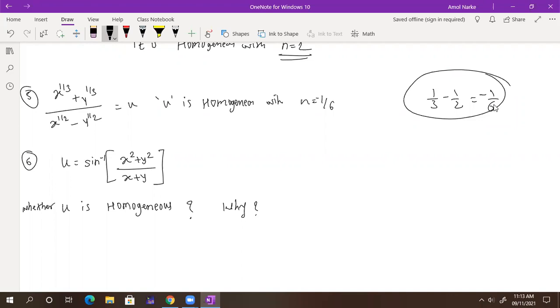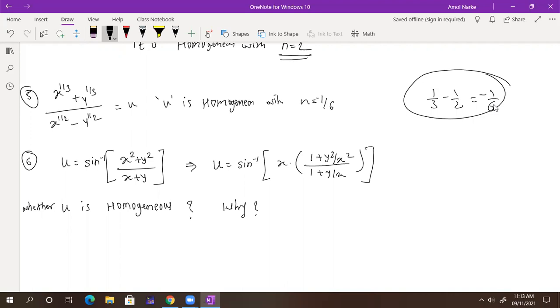Exactly. See, if you take x square common from the numerator and x common from the denominator, you can write u as sine inverse of x remains as it is, into (1 plus y square by x square) divided by (1 plus y by x).